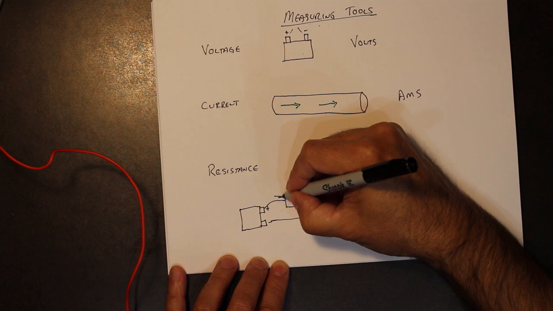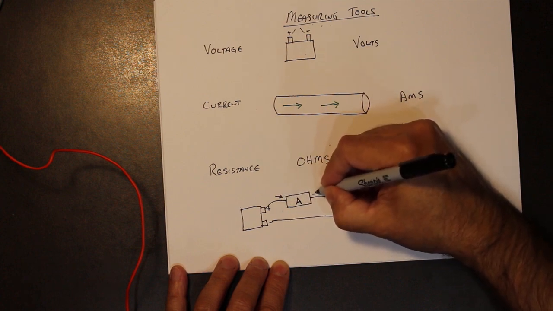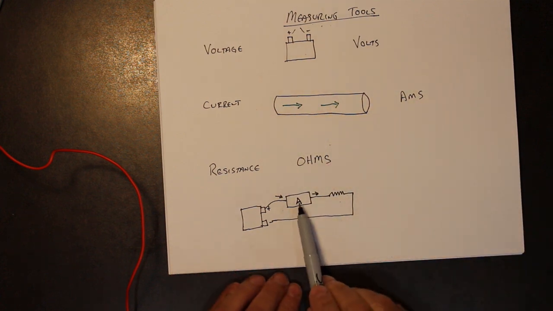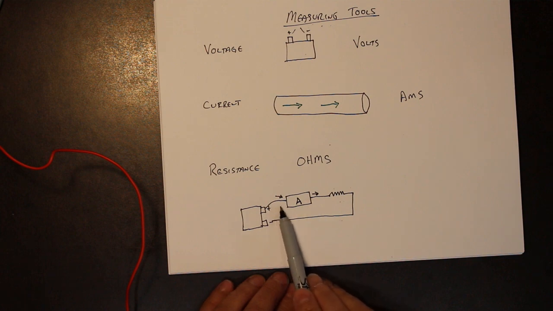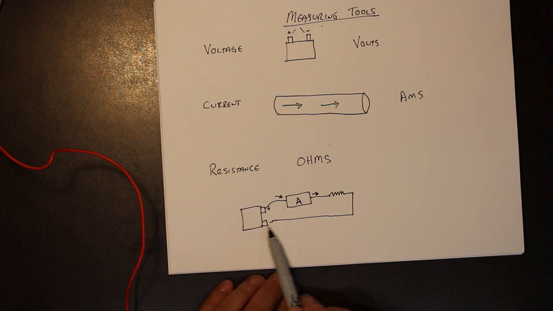So that is how we actually counted the electrons that were flowing. We put the meter in the line. So all of the electrons had to go through the meter to make their way through the loop.